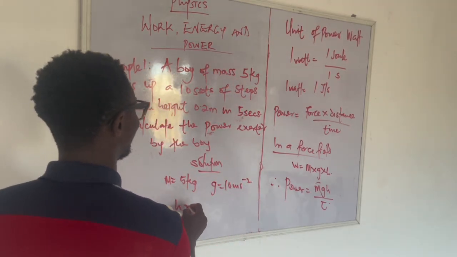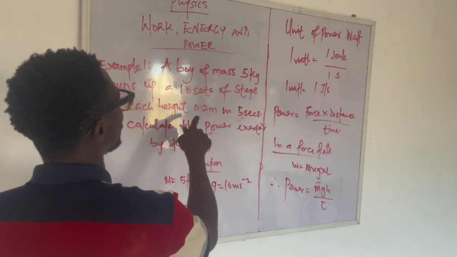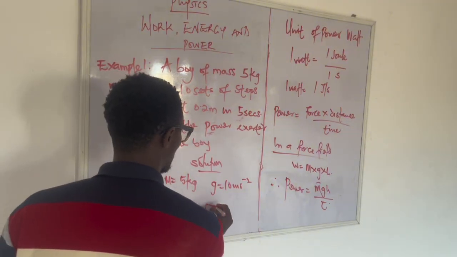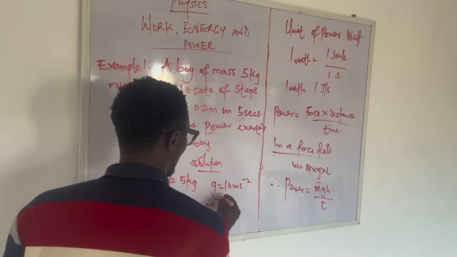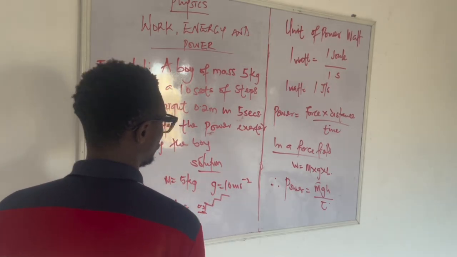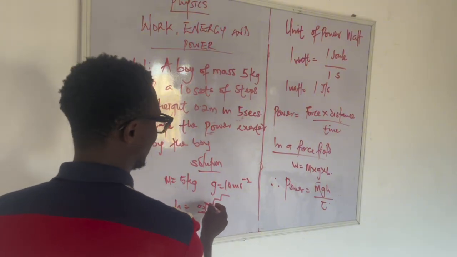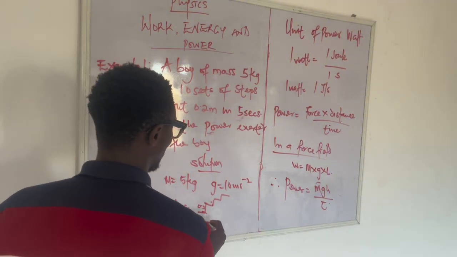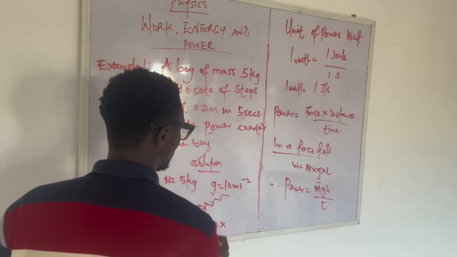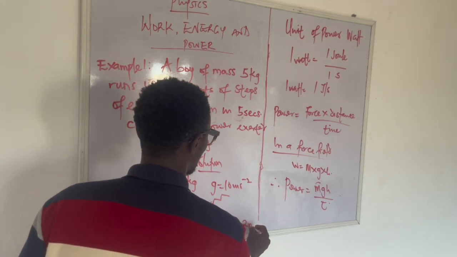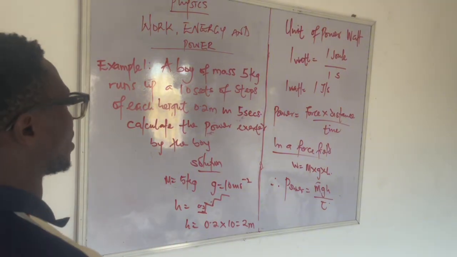Now the height: he said runs up 10 sets of steps, each height 0.2 meter. So the total height will be 0.2 times 10, which is 2 meters.